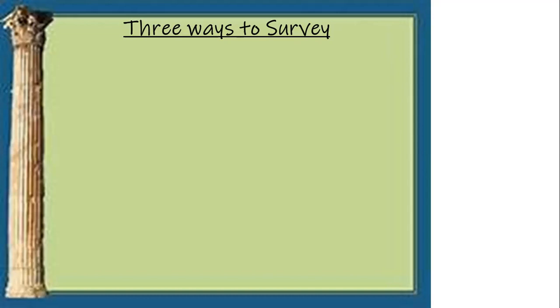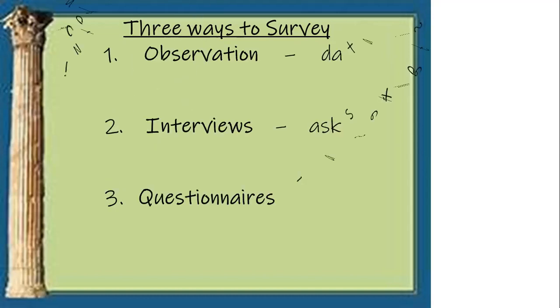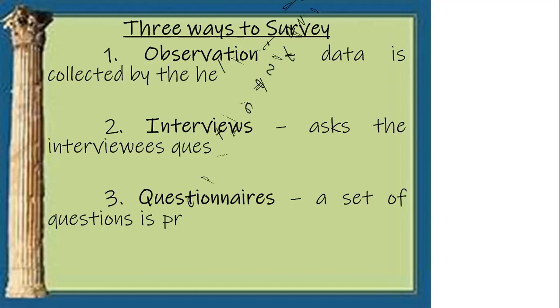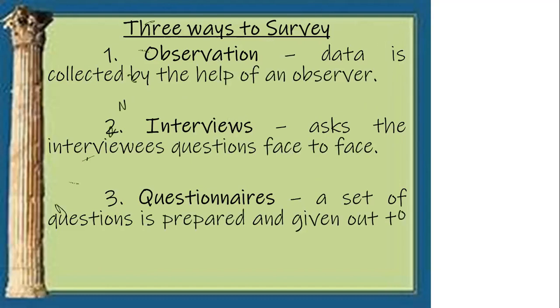Second, if there is no existing record, we can do a survey, and there are 3 ways to do a survey. Number 1, observation: collected by the help of an observer.